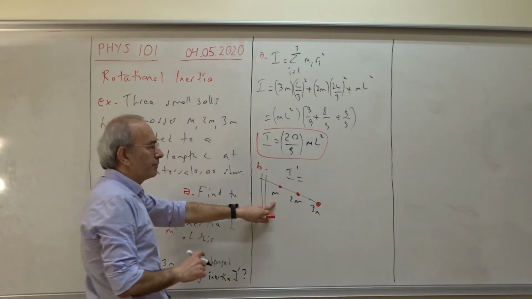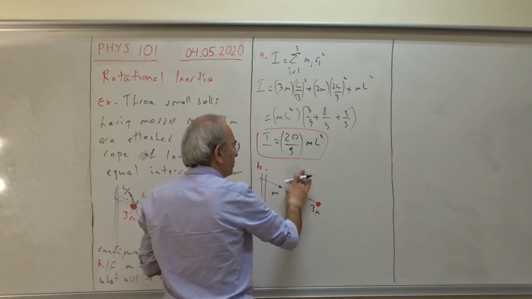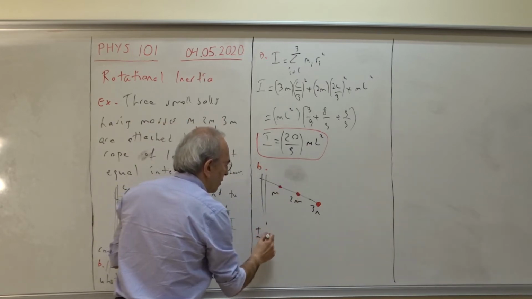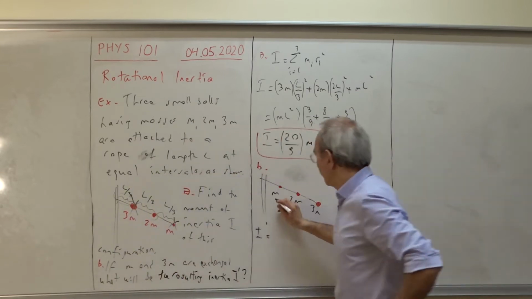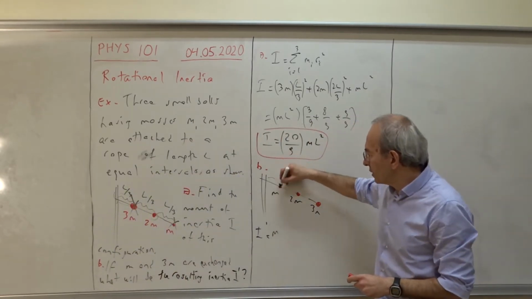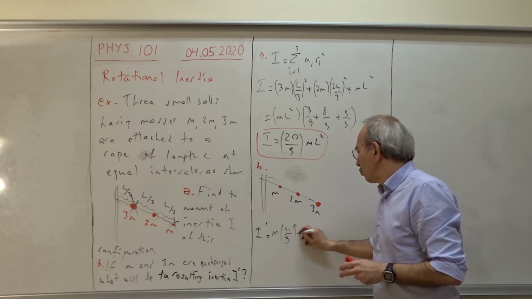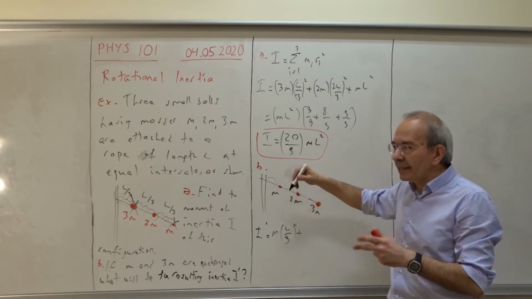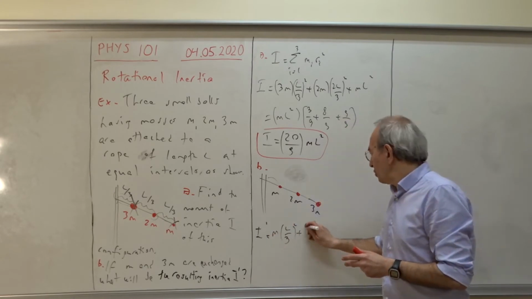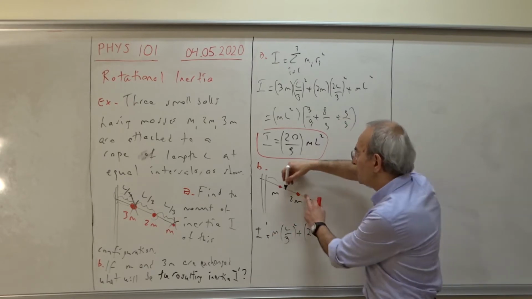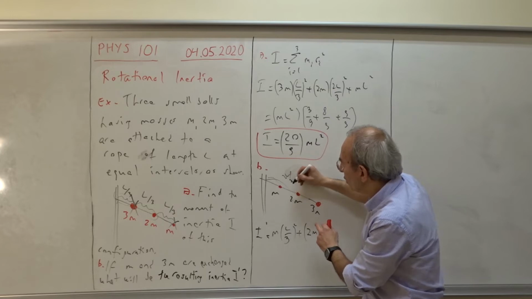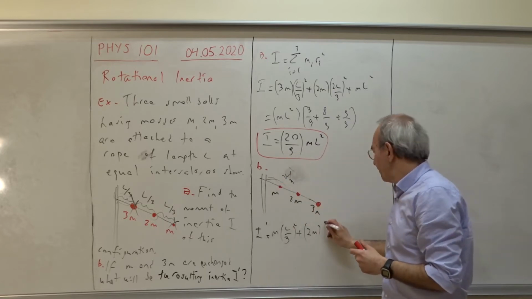First one is I prime. First term, first mass is m. What is that distance? L over 3. M times (L over 3) squared. The intermediate one is again in the same place, so its mass is 2m, its distance is 2L over 3, but don't forget to square.